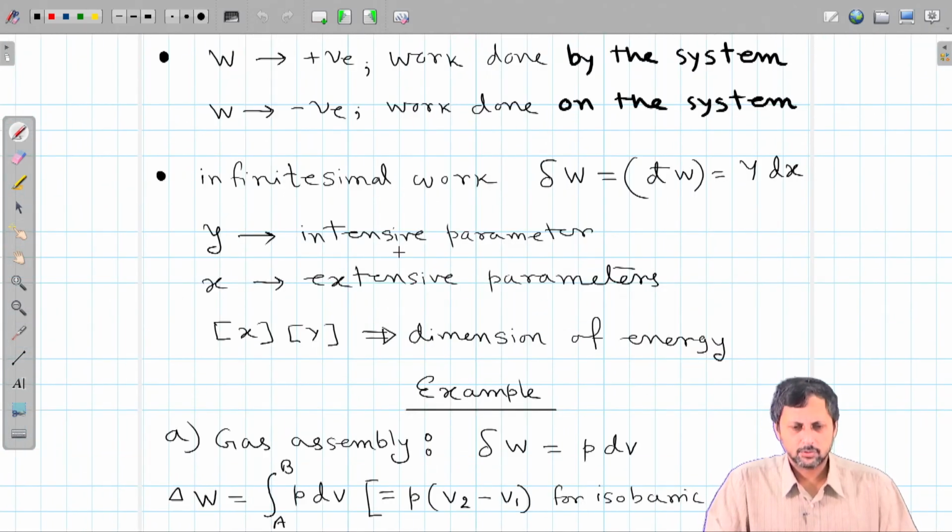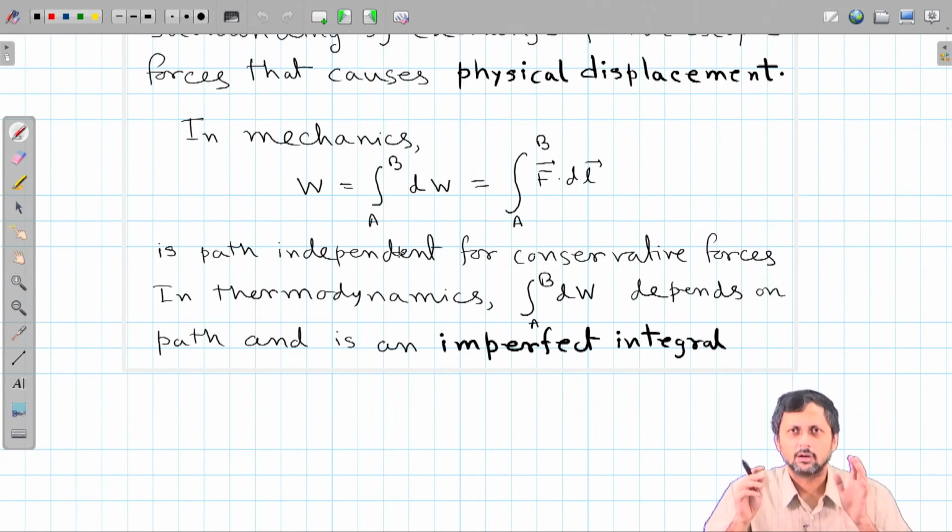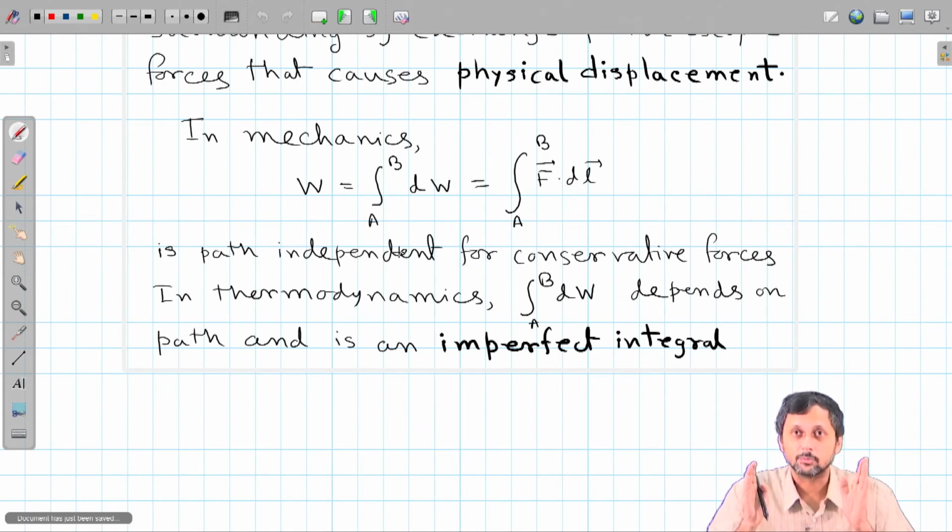Now, just to give you a little more insight, although we are talking about gas and closed gas systems in general, as we have discussed, there could be many different types of thermodynamic systems, and we can define a suitable definition of work for those systems as well.